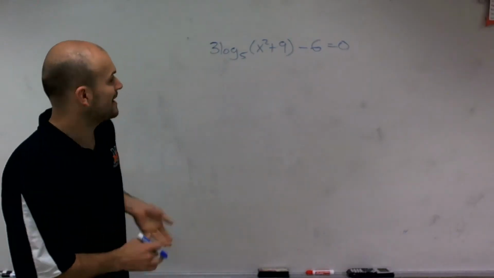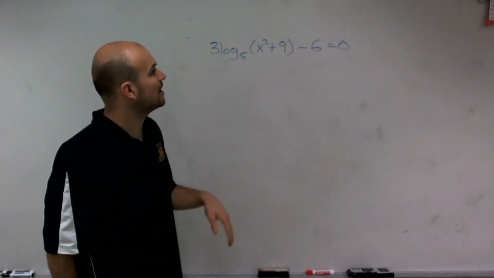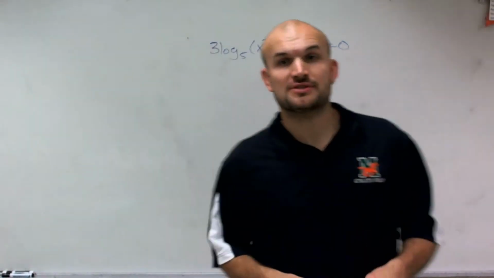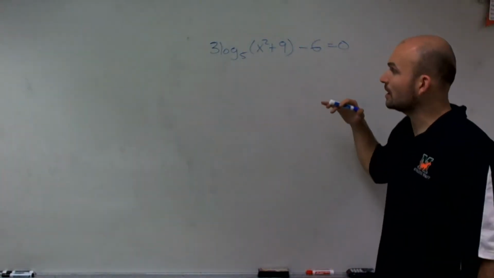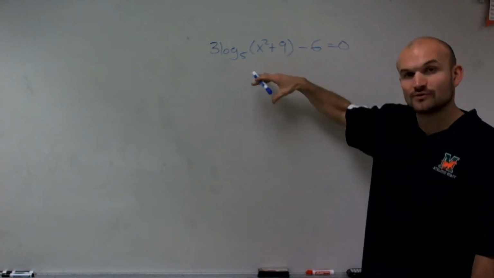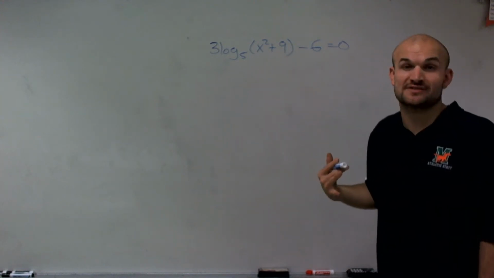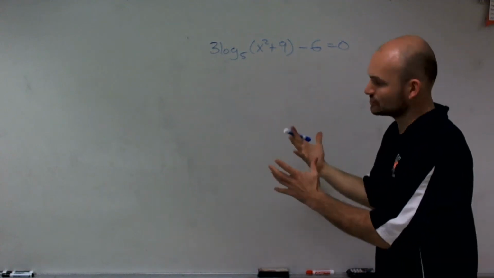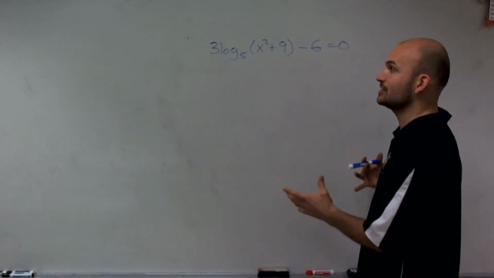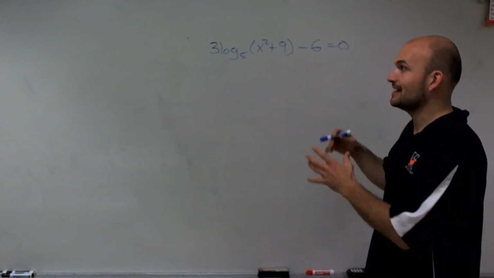So what we have here is 3 times log base 5 of x squared plus 9, minus 6, equals 0. For this problem, we want to see how we can isolate our logarithm so that we can then transfer it over to exponential form. Because we can't convert it to exponential form to solve for x until it's in logarithmic form and it's isolated.